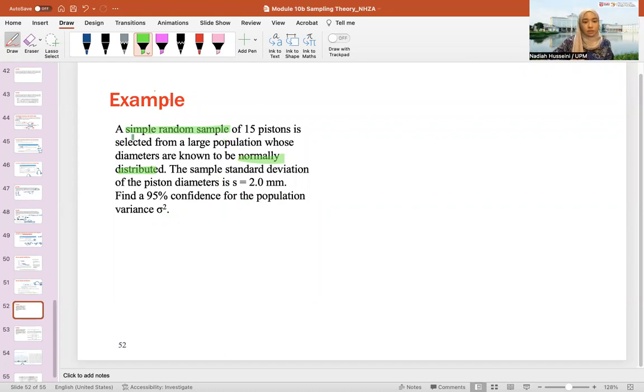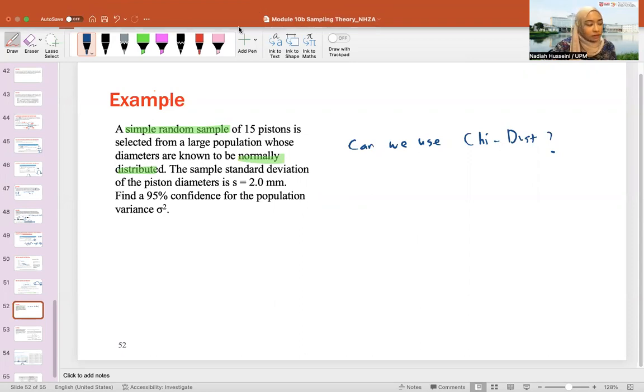So what does it mean when they are saying a simple random sample of 15 has a normal distribution, and then they ask us to find the 95% confidence interval for the population variance? Can we still use the chi distribution? Can we use it or not? Anyone? Yes?